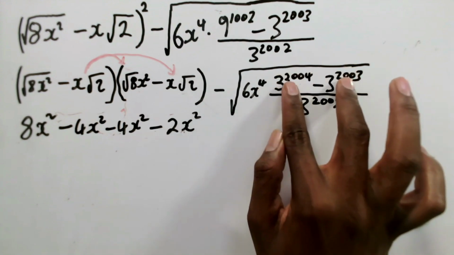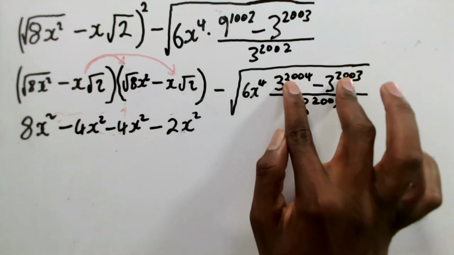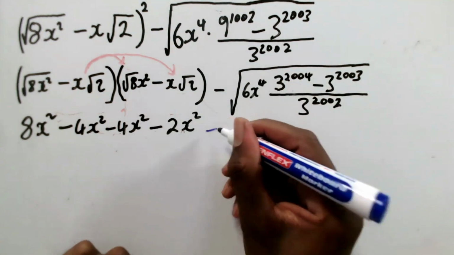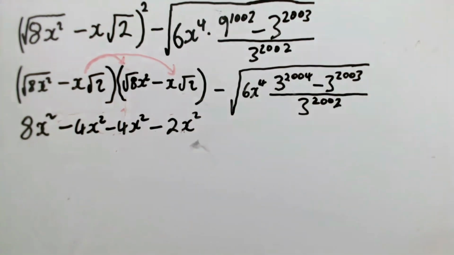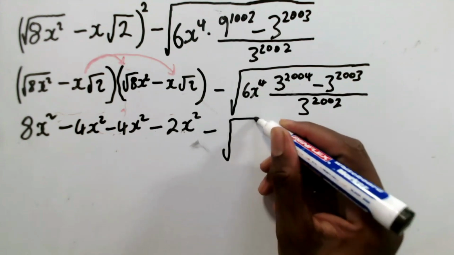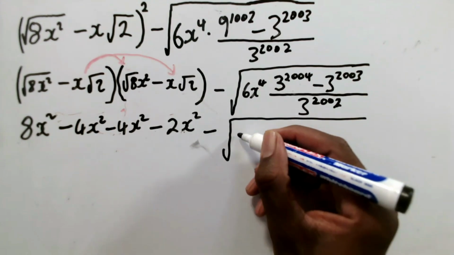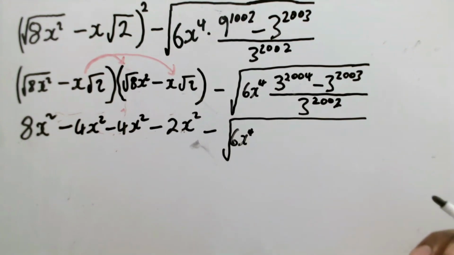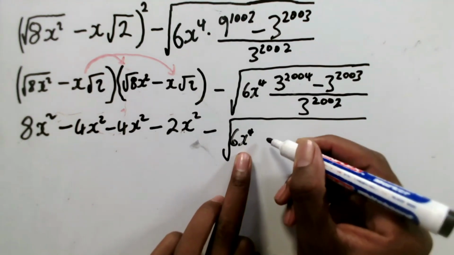So I will take the common factor of 3 to the exponent 2002 up here. Therefore, this is going to be minus square root of 6 to the exponent 6 times 4, 6 times x to the exponent 4.